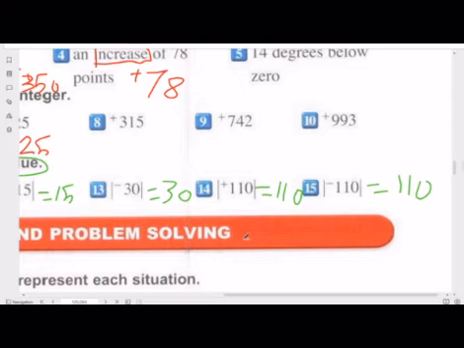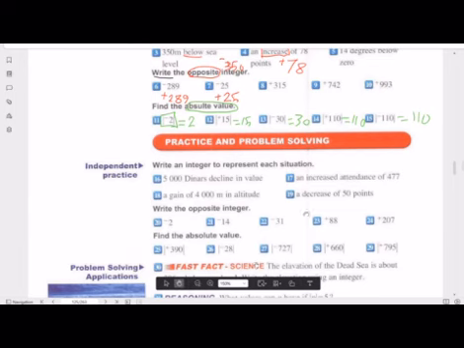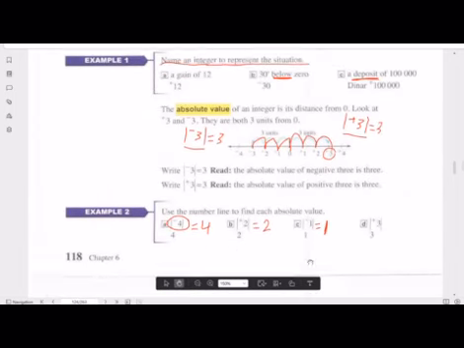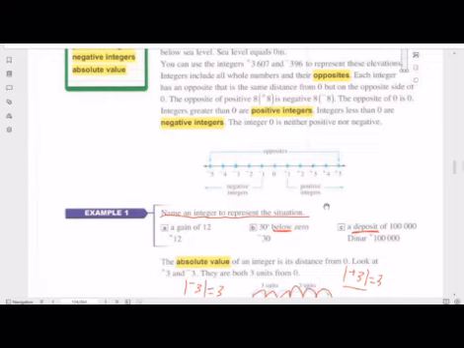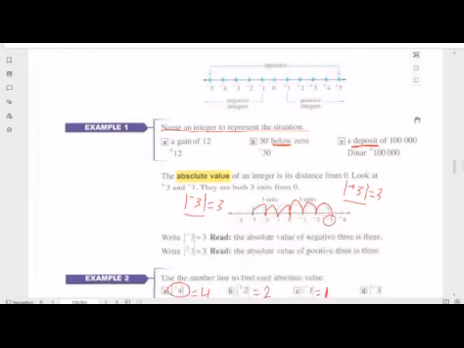Let's quickly review what we studied. Integers are positive and negative numbers. Look at this number line, positive and negative numbers, and each integer has an opposite. For example, positive 5 has negative 5.